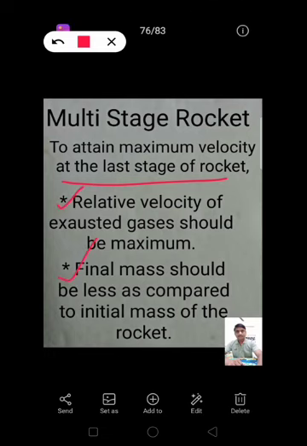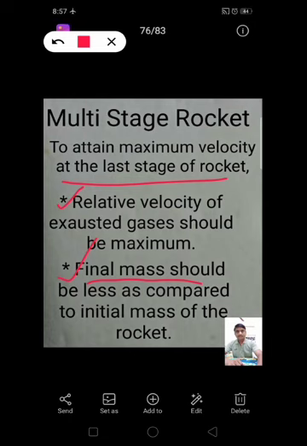One is that the relative velocity of exhausted gases should be maximum, and second is that the final mass should be less as compared to the initial mass.